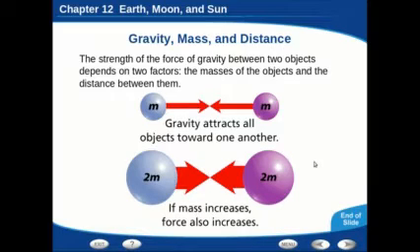And remember, electromagnetism could be a push or pull. When magnets are attracting, then they're both pulling towards each other. But when magnets are repelling, then they're pushing each other apart. So keep that in mind. Gravity is a force, but it's only a pull force, not a push force.